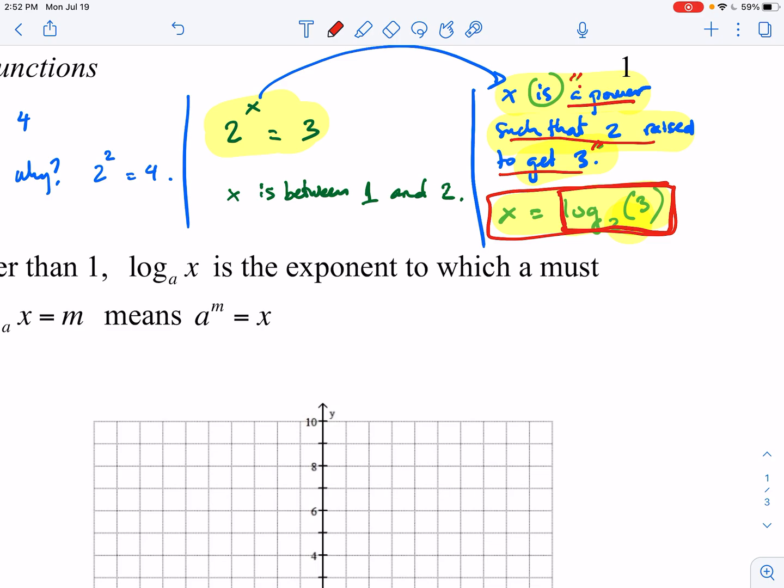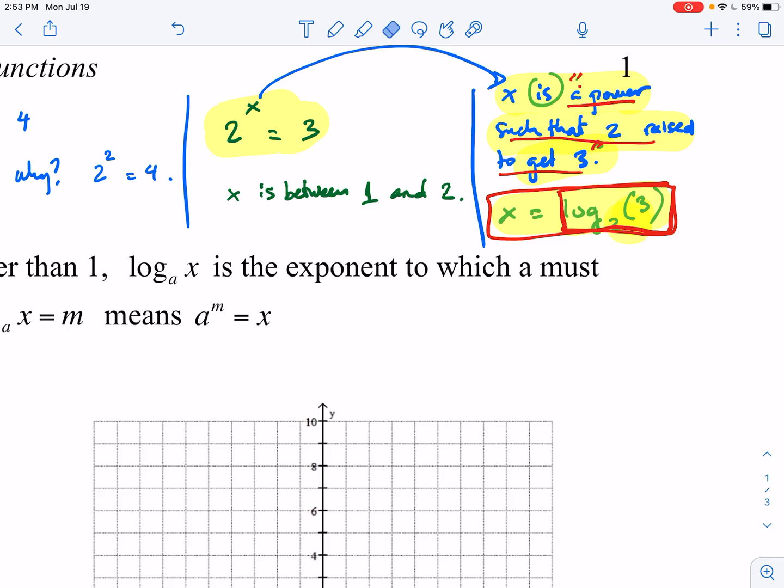With today's technology, we can actually get x to a precise decimal value. But back in the day, there was no calculator, and all we could do was express x in its purest, exact form, just like when you have the square root of 3. We don't know what that is in terms of the decimal value, but if we leave it how it is, that is the exact form.